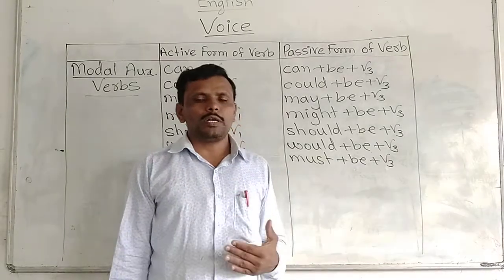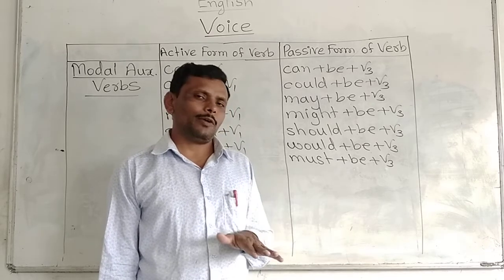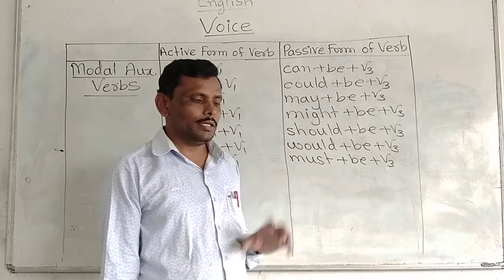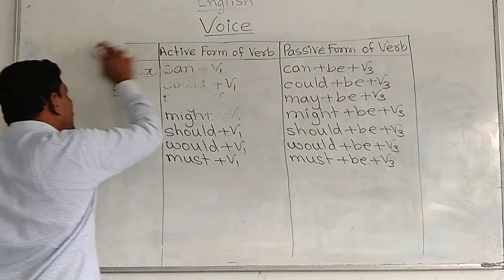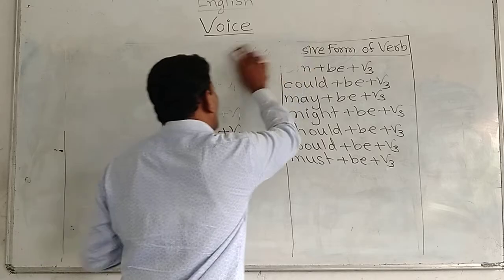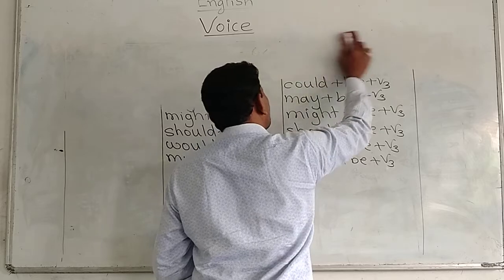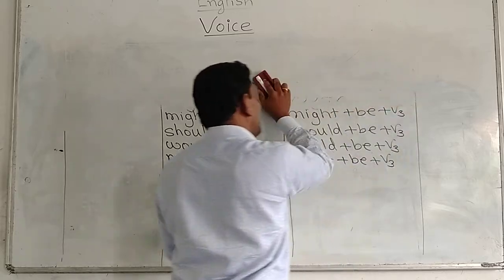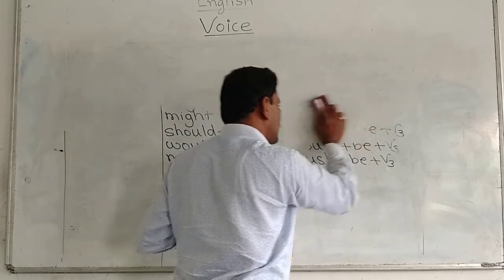Now we have to turn towards the examples, and how examples can be solved from active voice into passive voice or from passive voice into active voice, correct? See here, now we have to cover the board, and our title is: change the following into passive voice. At first we are going to change examples into passive voice. There will be an example of active voice, and we have to change that active example into passive voice, correct?